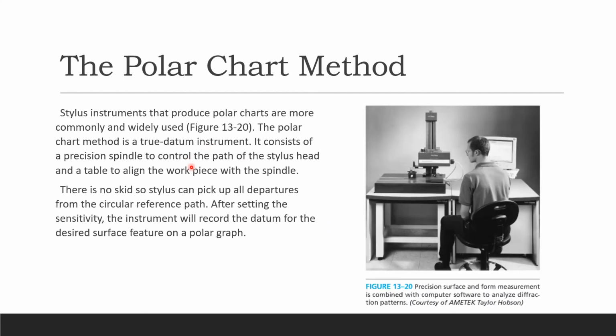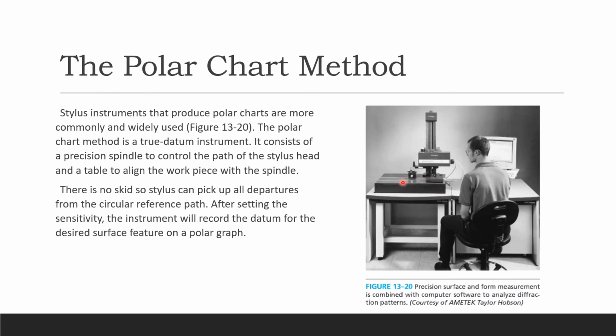The polar charts. There's another method. The stylus instruments that produce polar charts are more commonly and widely used, and you can see right here a polar chart instrument. This method is a true datum instrument, and it consists of a precision spindle to control the path of the stylus head, and a table to align the workpiece with the spindle.